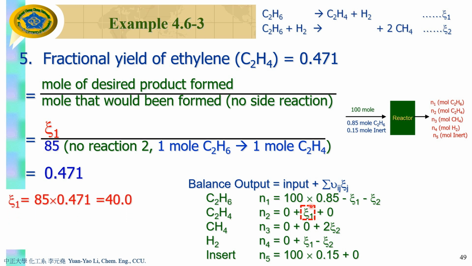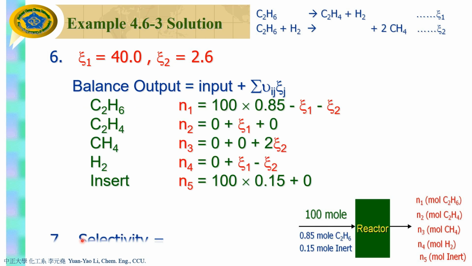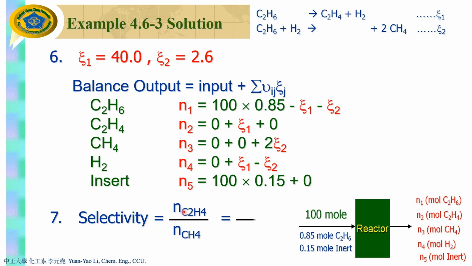So according to this, you can get Xe1 as 40. Going back to the other equation, we get Xe2 as 2.6. Once you have Xe1 and Xe2, there's no problem getting N1 to N4. So what's the selectivity of C2H4 to CH4? It's N2 divided by N3, and you know these, so you get the answer.